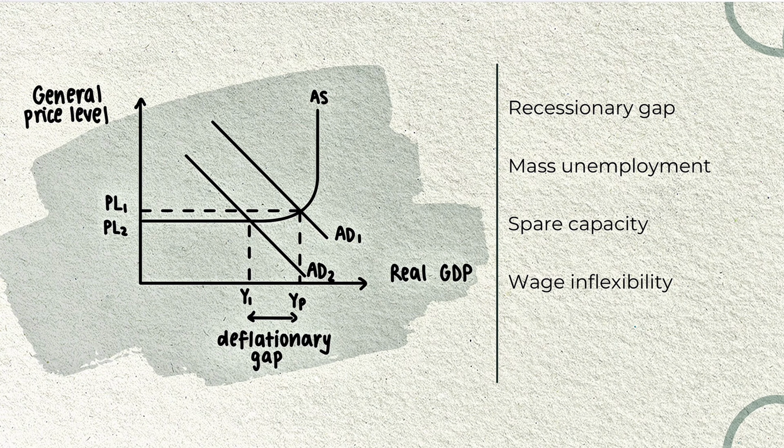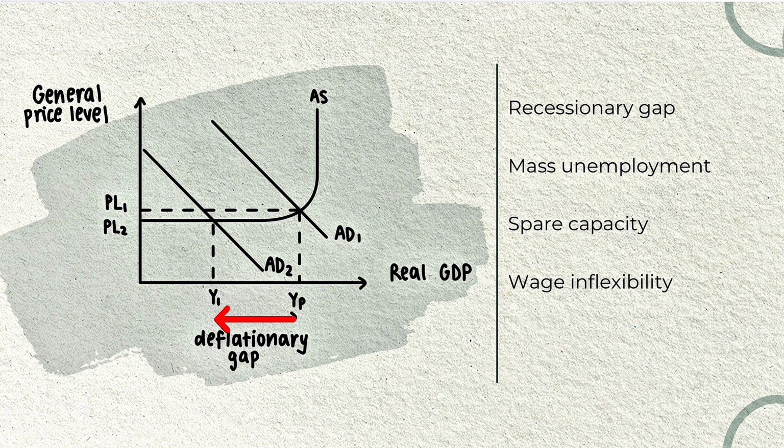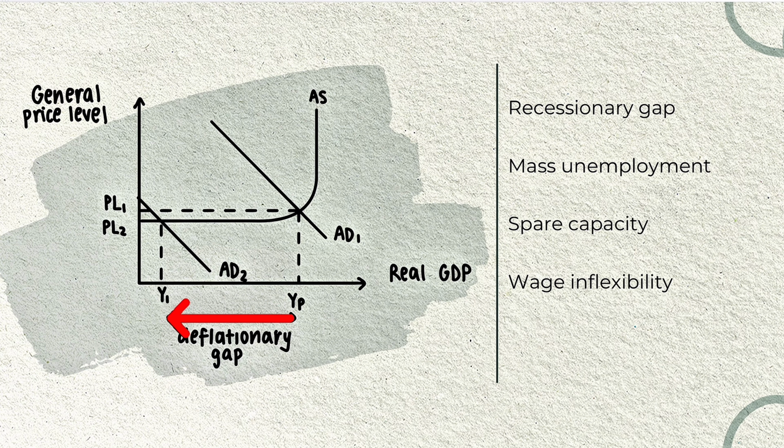And as we fall deeper into section 1, unemployment increases and the economy will have a lot of spare capacity and unutilized resources that could have been put to use, but which they are not. And even if the aggregate demand falls further, the price levels remain the same at PL2.